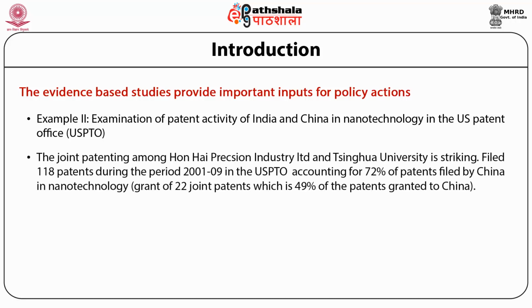The joint patenting between Hon Hai Precision Industry Limited and Tsinghua University is striking. Both of them together filed 118 patents during the period 2001 to 09, which accounted for 72% of patents filed by China in nanotechnology during this period.